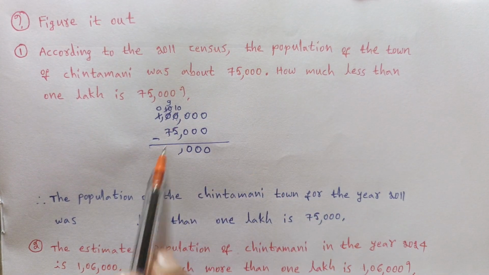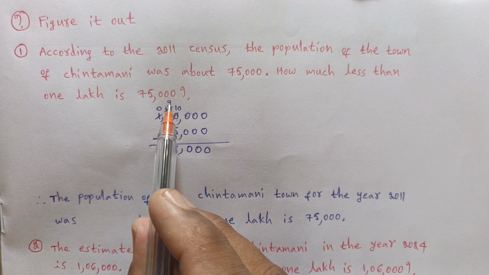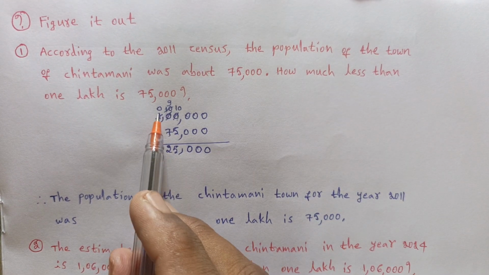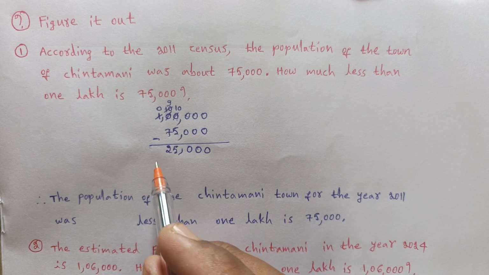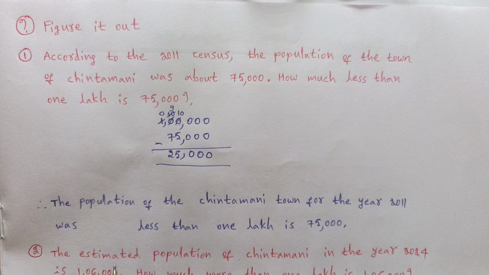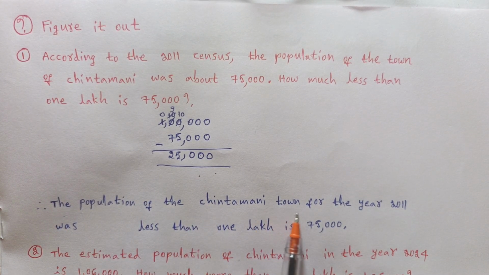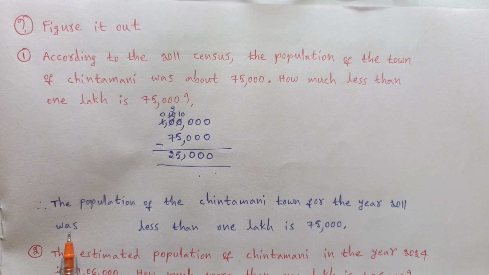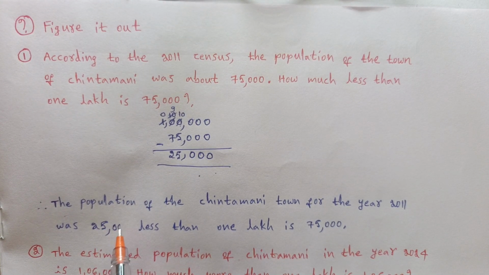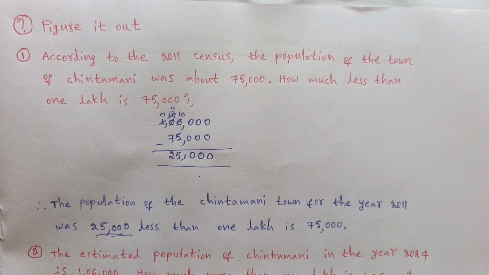So now 10 minus 5 is 5 in the thousands place. Next in the 10,000 place, 9 minus 7, that is 2. And in the 1 lakh's place, 0 is no need to write. So the conclusion is 25,000 is the difference. Therefore, 25,000 less than 1 lakh is 75,000, the population of Chintamani town in 2011.